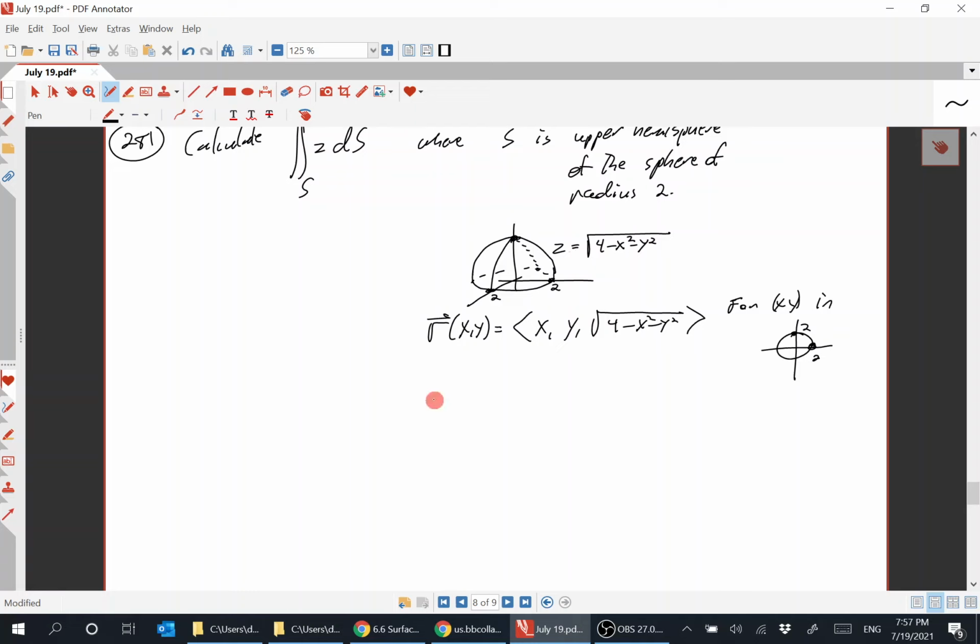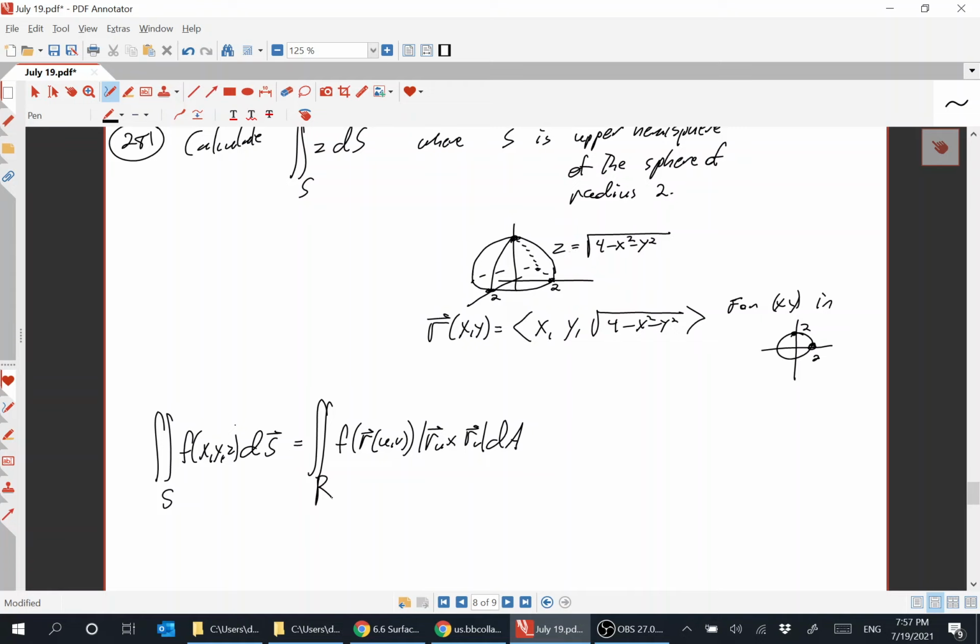Right, okay, so remember the form for the surface integral. The surface integral of f(x, y, z) dS is equal to the double integral of f of r of u, v, times the length of the partial derivative r_u cross partial derivative r_v, dA.